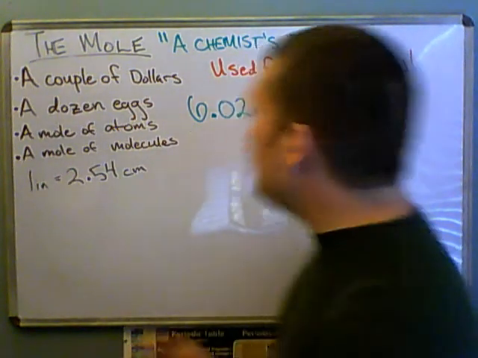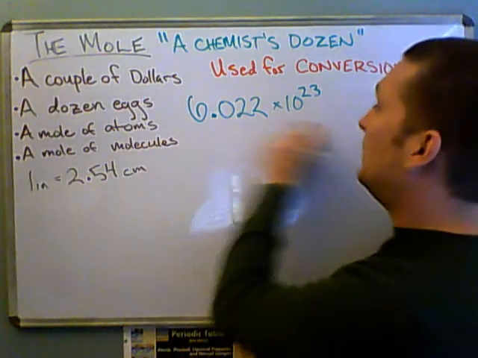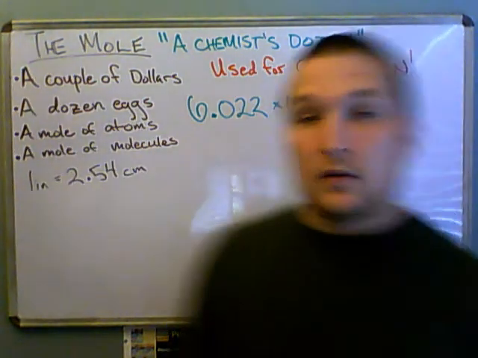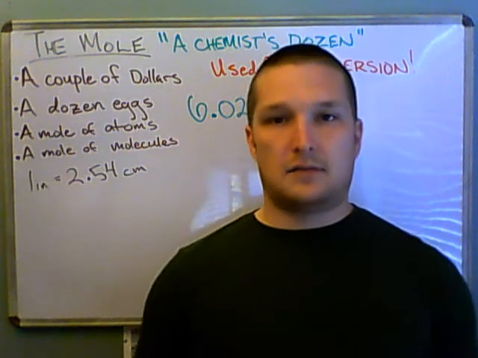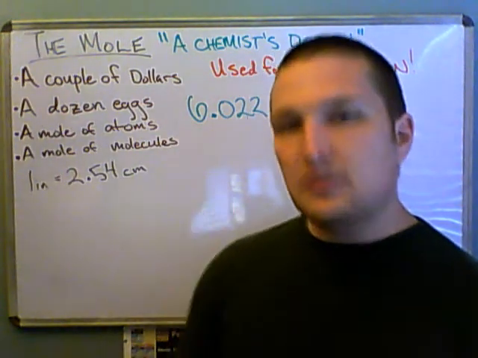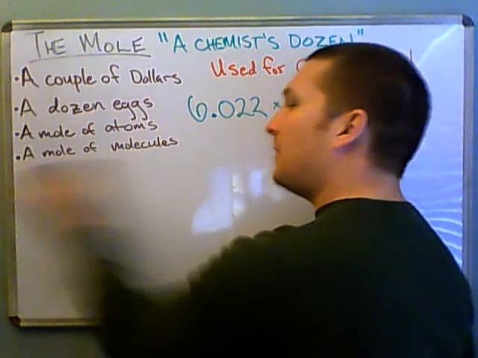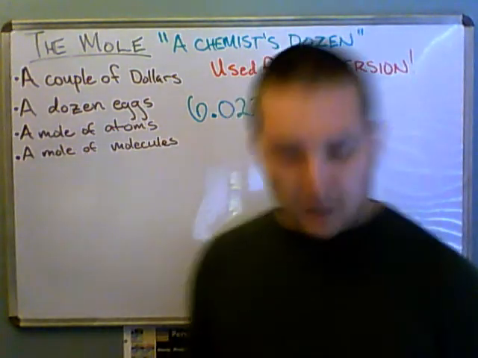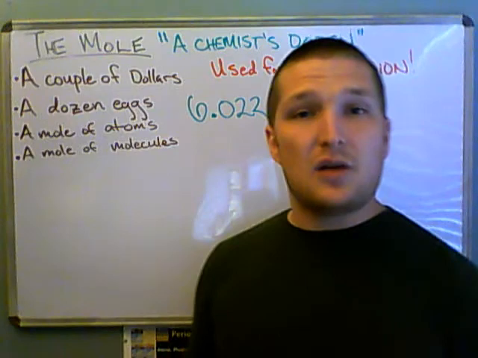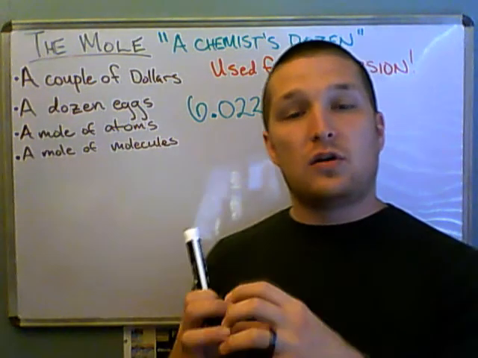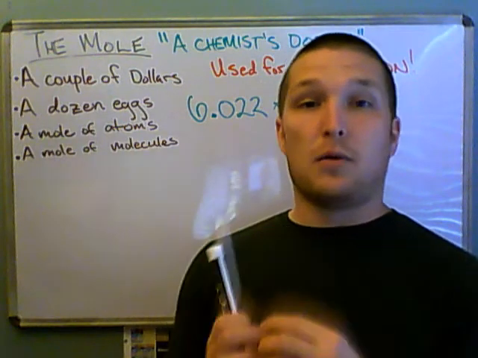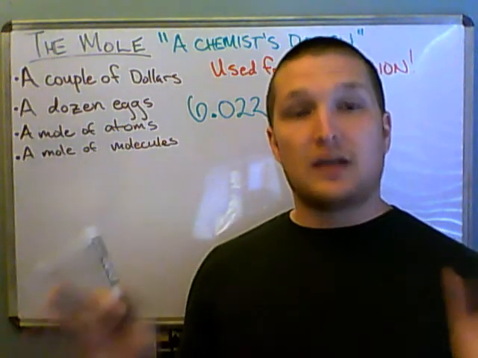Likewise, we're going to use moles, the concept of a mole, to convert between grams and numbers of atoms. Because in chemistry, we're concerned about the atom, right? If you're going to burn something in O2, you'd like to know how many atoms of whatever are reacting with something else. And in order to do that, we use the mole. That's all it is. It's a way to convert.